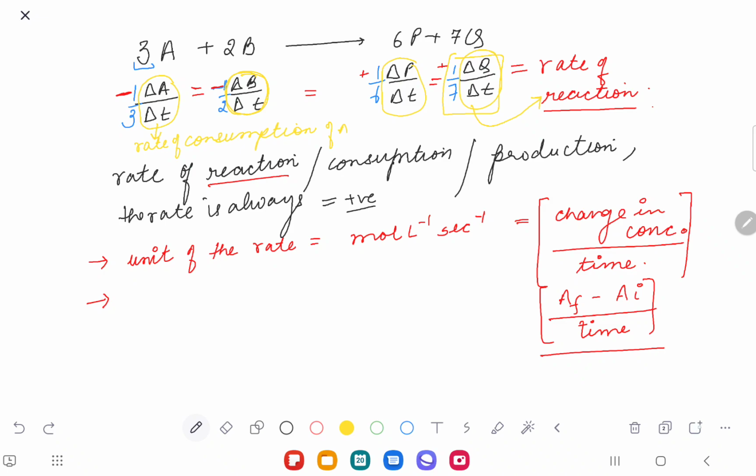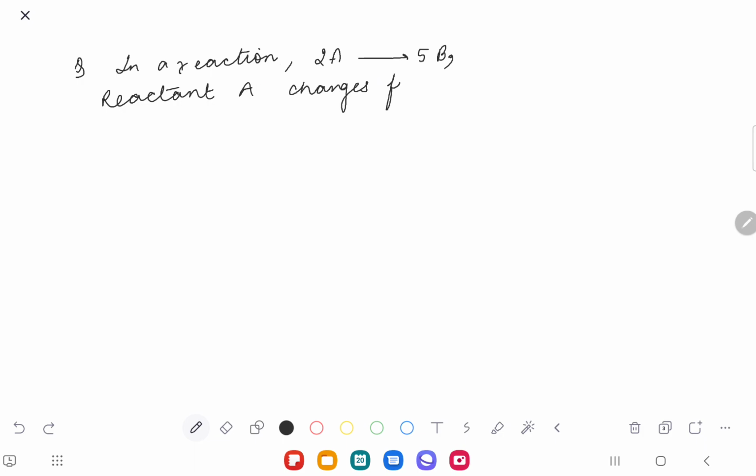All right, now just have a look at the question. How does it work? The question would say like this. In a reaction, 2A gives me 5B. Reactant A changes from 10 molar to 2 molar in 3 seconds.